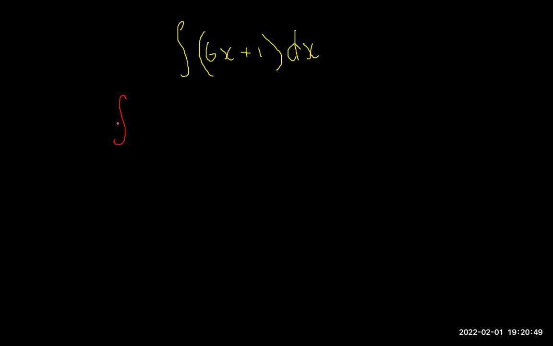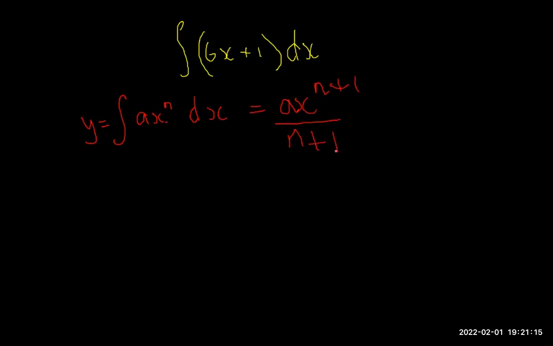So this is the rule for integration that I had on the slide. I said y is equal to the integral of ax to the power of n dx is equal to ax to the power of n plus 1, on n plus 1, right?